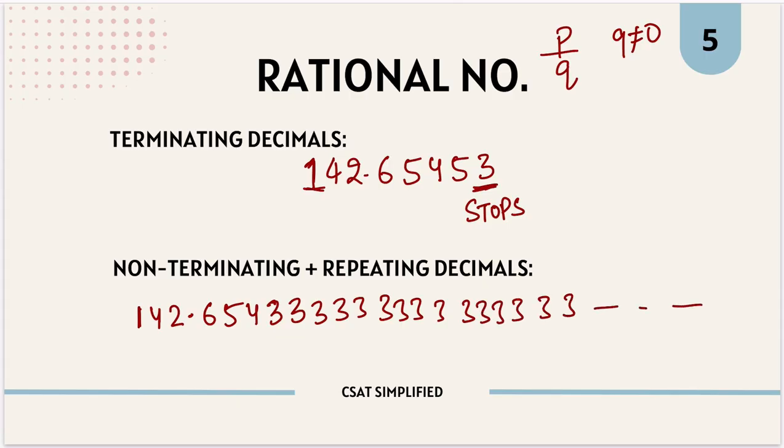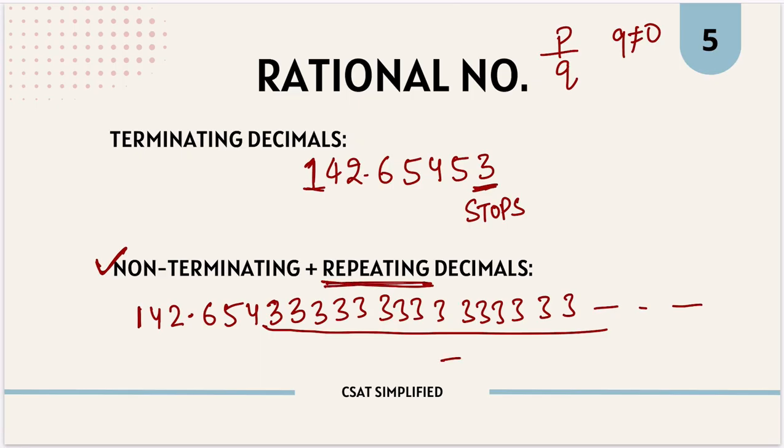This way a number is not stopping anywhere, but the decimals are repeating. If the decimal places are repeating, then we can say this is also a type of rational number. I hope it is clear that if it is not terminating, then at least it has to repeat itself, right?